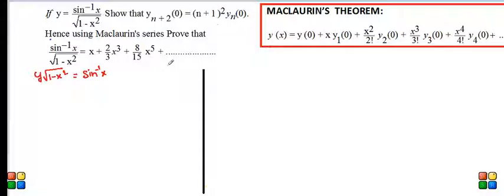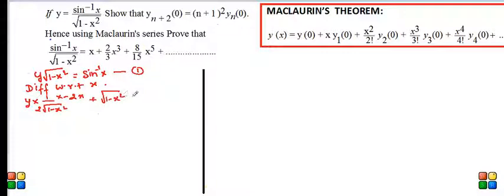So this is the question itself, and now differentiating with respect to x, let this be equation 1. Differentiating 1 with respect to x, we get first function into differentiation of second function plus second function into differentiation of first function.